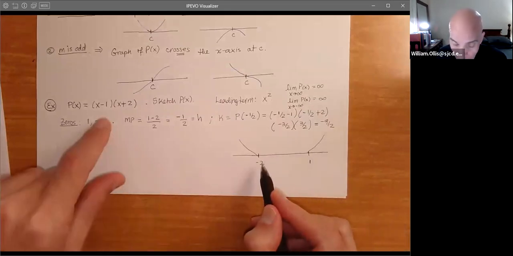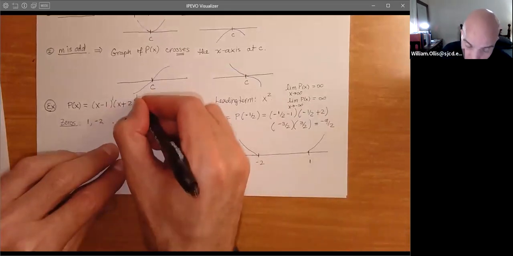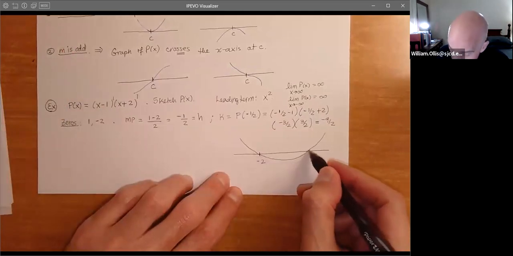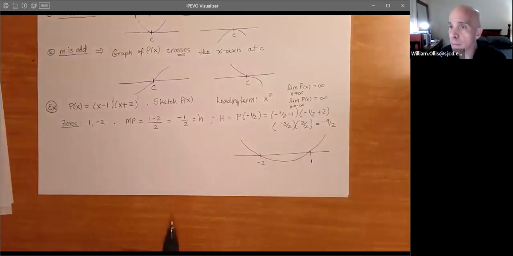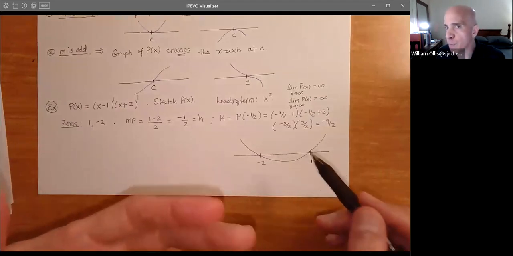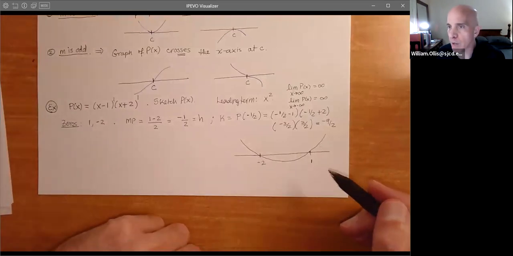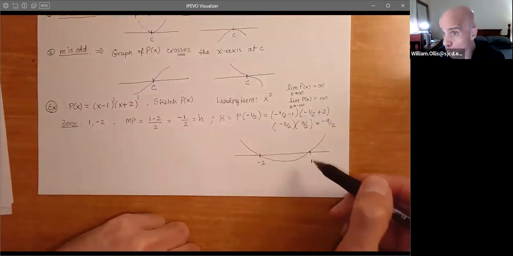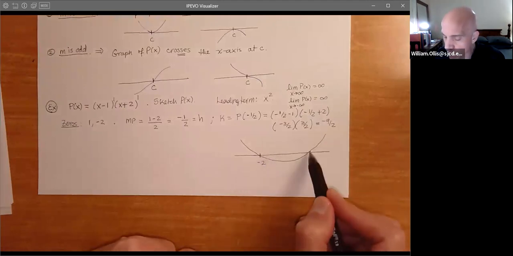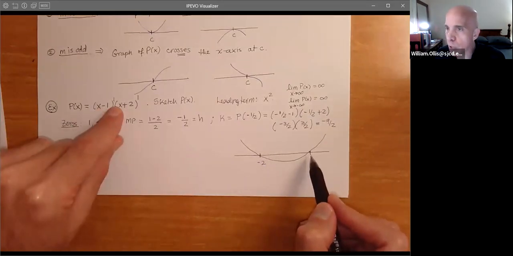But these have odd multiplicity. So we got to cross. That's what I've been doing before. You've got to cross. So what we see here is like, okay, if we didn't have this beautiful quadratic function, this would be extremely helpful. But we know that we have to cross here because of the what?